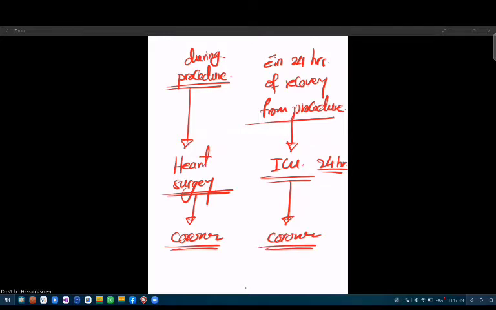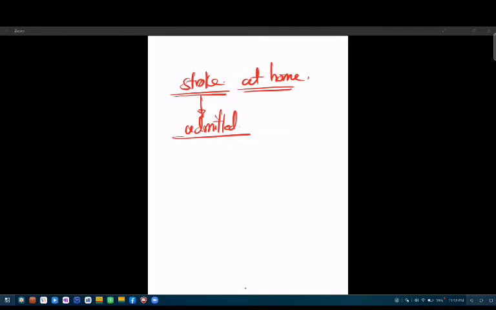Okay. However, if you have someone who was admitted yesterday after sustaining a stroke at home, he got a bleed in his brain and sustained a stroke. He was admitted, and after 24 hours, he passed away. Is that coroner? No. Why?